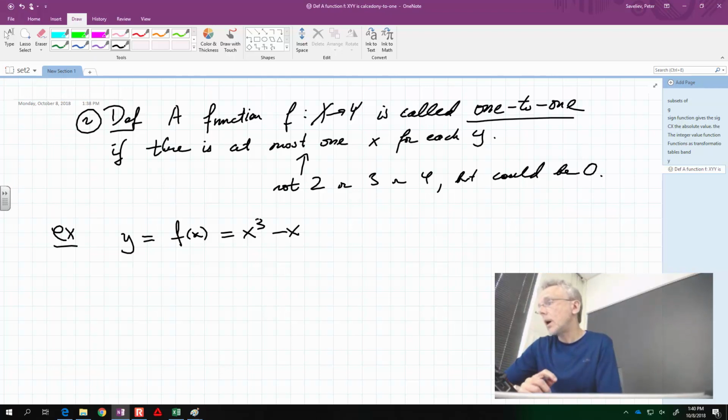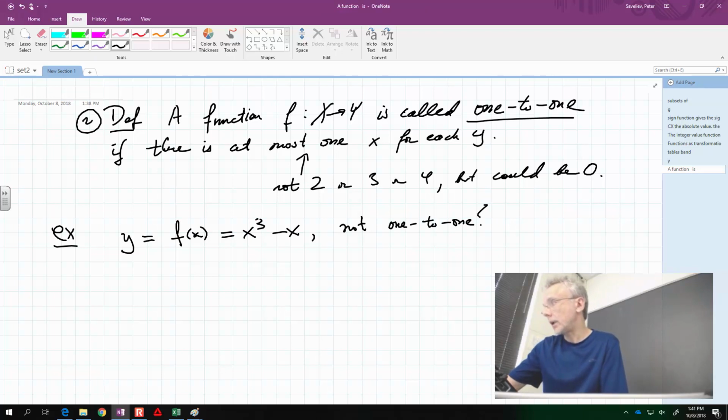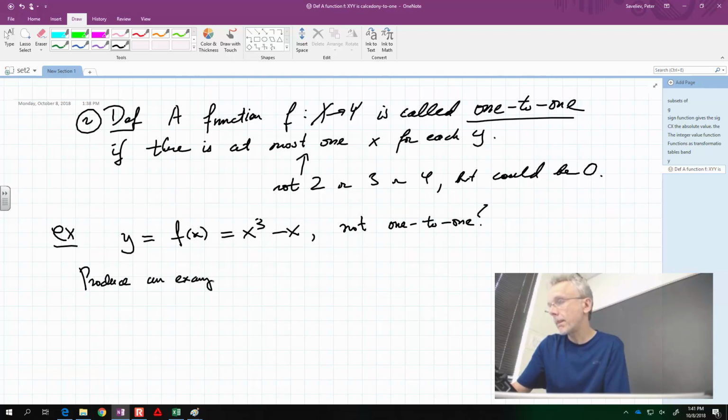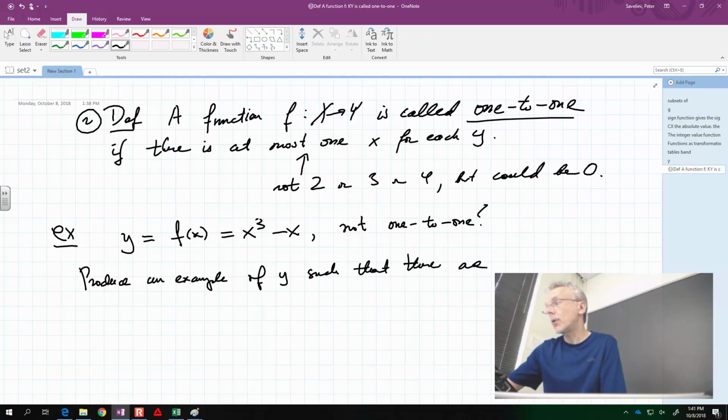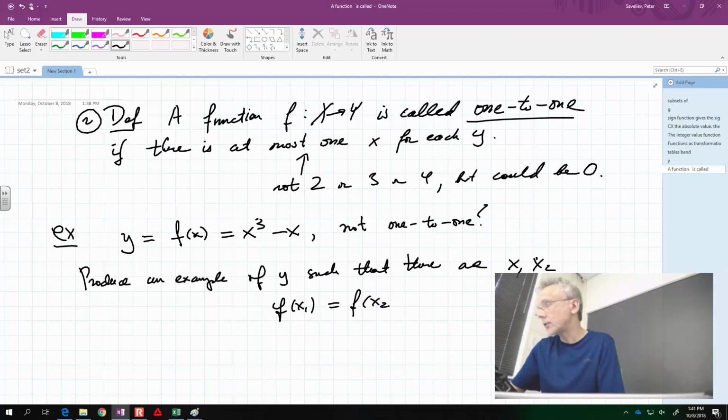Okay, so how do I know this is not one-to-one? I can produce an example of y such that there are two or more, say x1, x2, such that f of x1 is equal to f of x2 is equal to y.